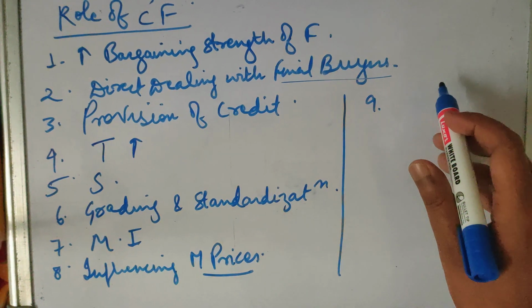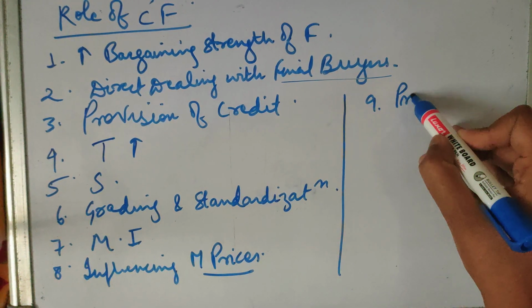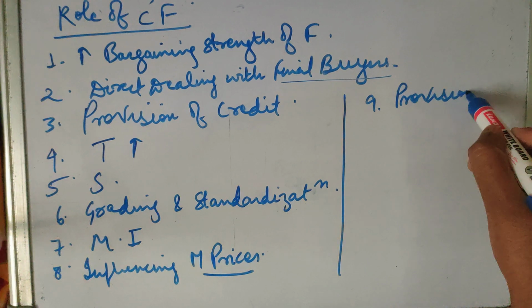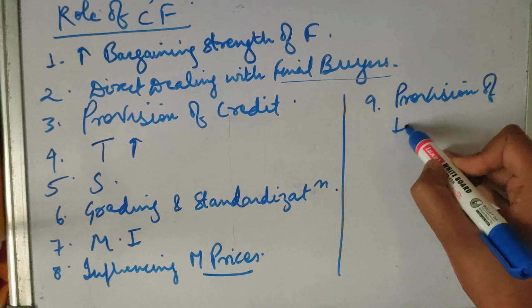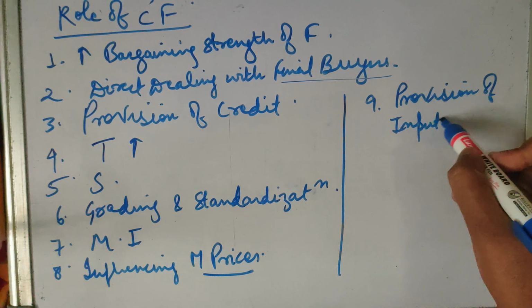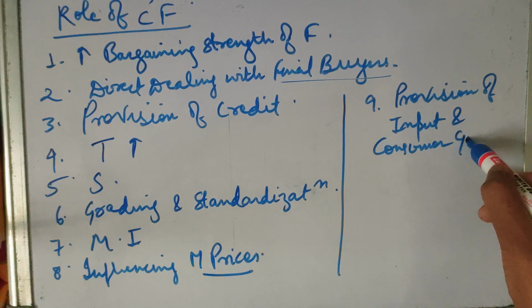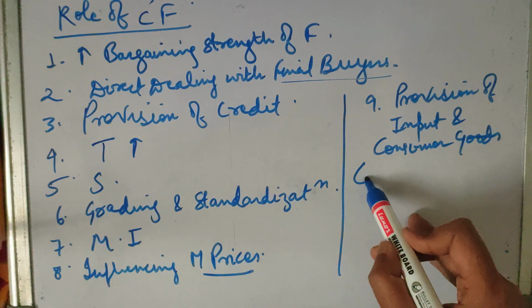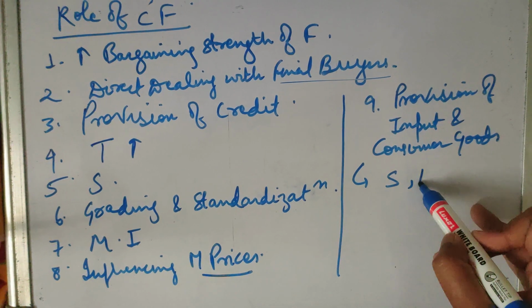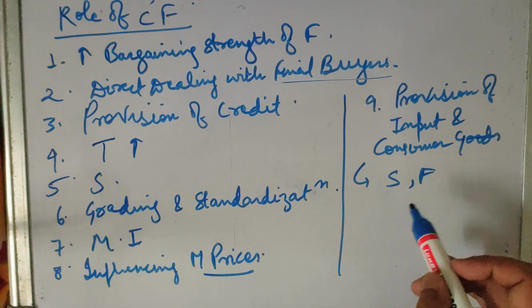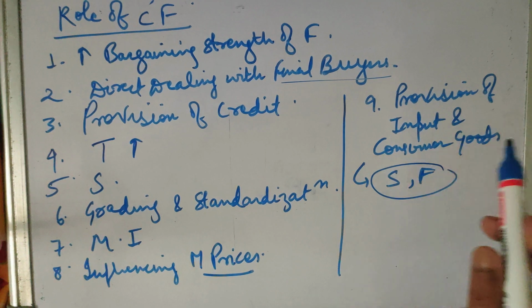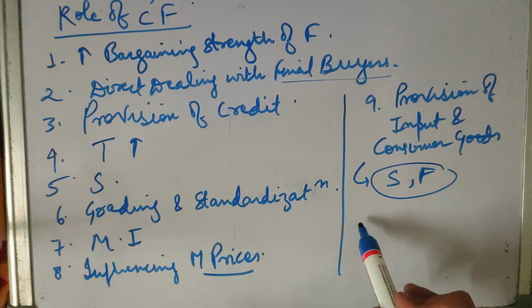Provision of input and consumer goods, such as they can buy bulk amounts of seeds, fertilizers, etc., and distribute them among the members, so it will be cheap for them.